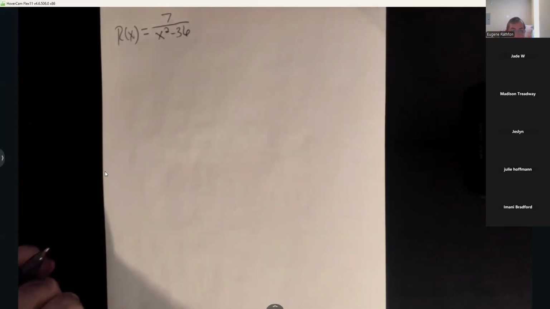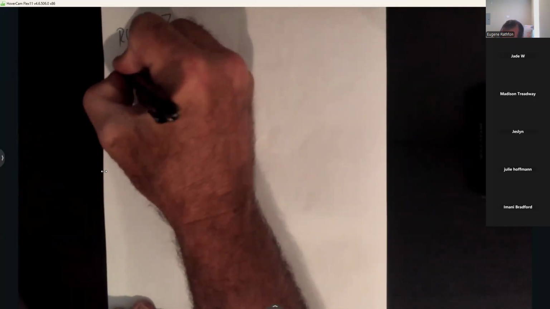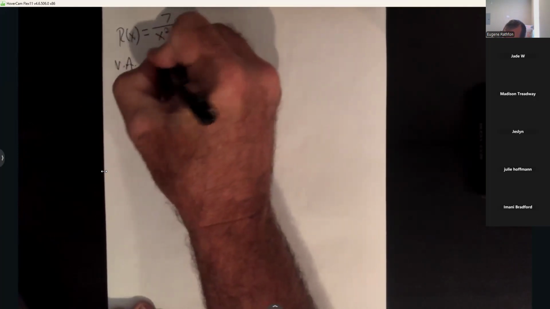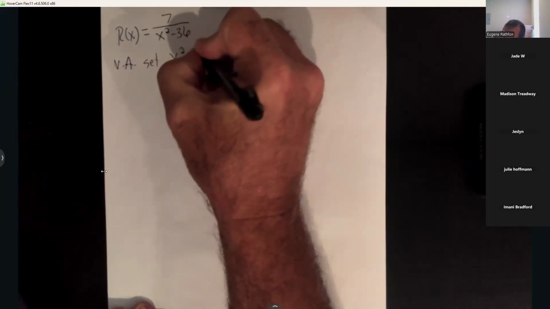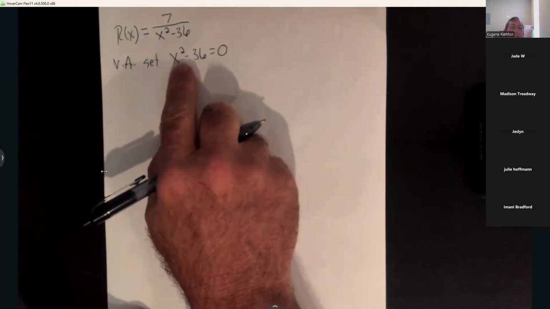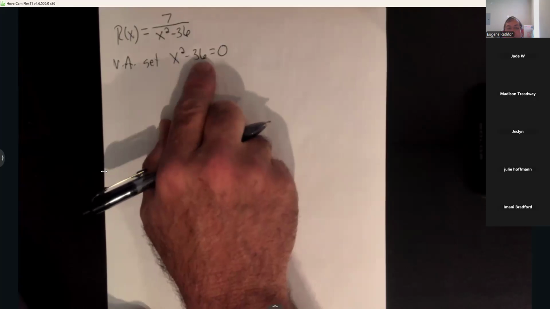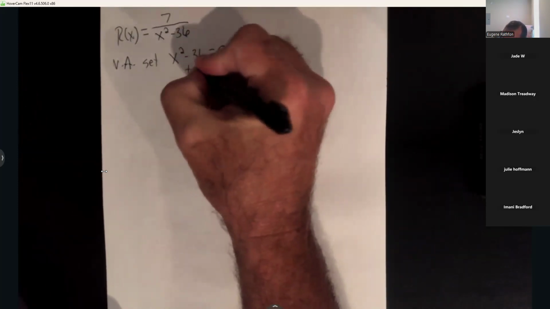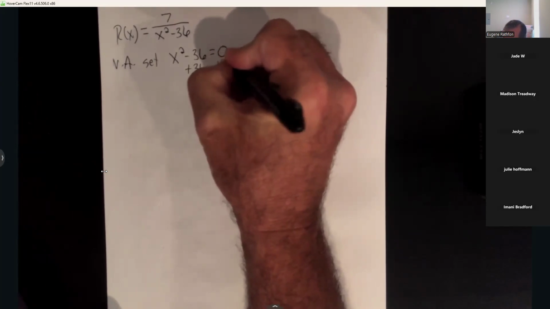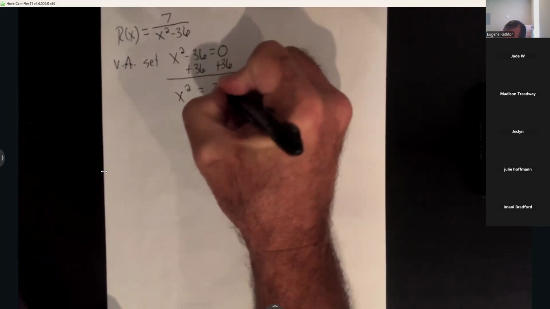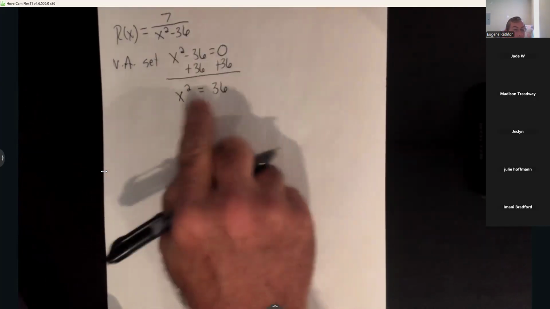Alrighty, so to find my vertical asymptote, I'm going to set the bottom equal to 0. Now this one's quadratic, but remember, it's just got the x squared term and a number. So to solve this one, I'm actually going to do the square root to it, okay? So I'm going to solve it by adding 36 and doing square roots. I think that's really the easiest way when you don't have that x term in the middle on these, okay?